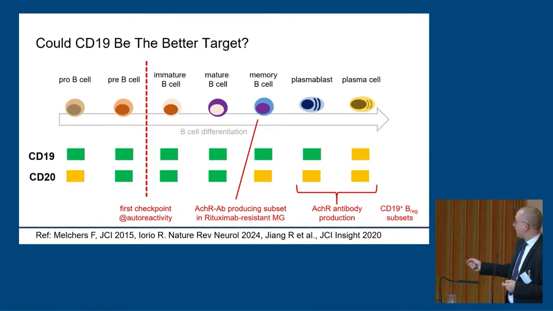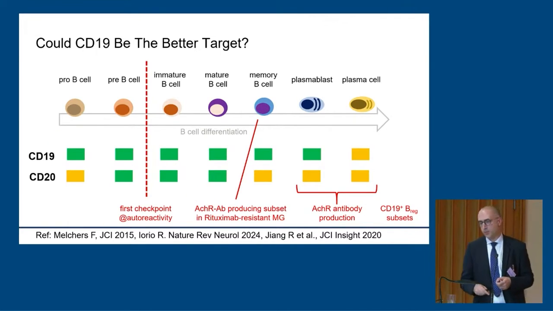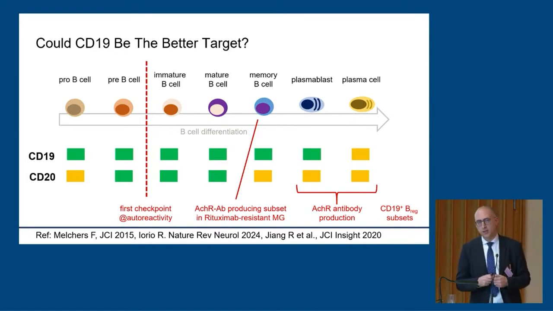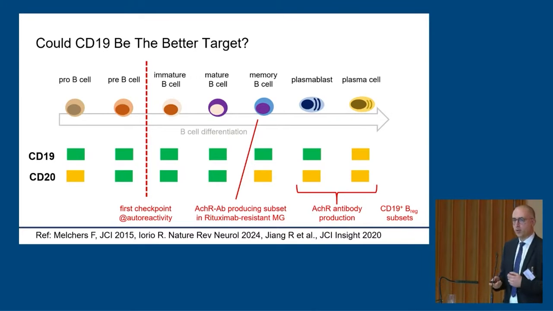Another thing is that there is work that has shown that patients with MG that are resistant to rituximab tend to have autoreactive memory B cells that are CD20 low or CD20 negative. So it's good to get the memory B cells, apparently.